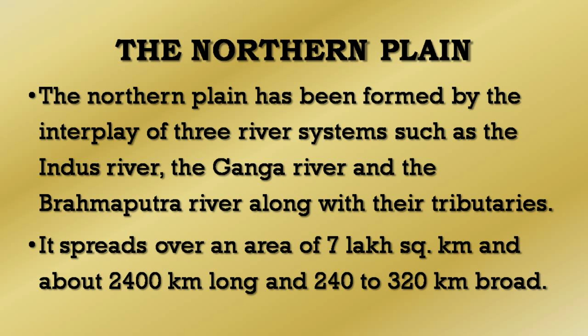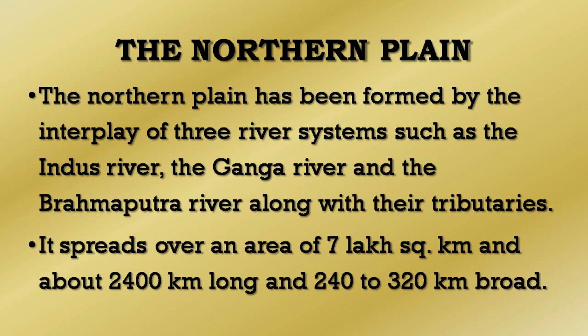Those rivers are, number 1, the river Indus, second, the river Ganga, and the third, the river Brahmaputra. Once again, let me repeat: the river Indus, the river Ganga, and the river Brahmaputra.